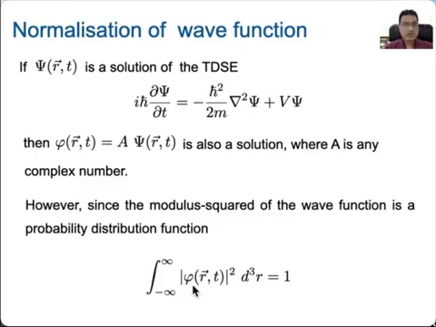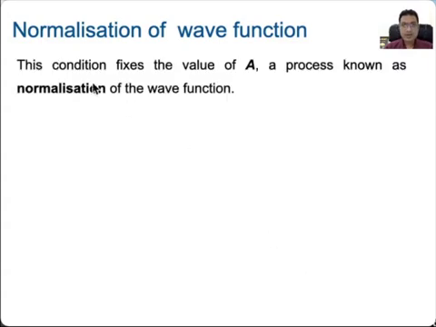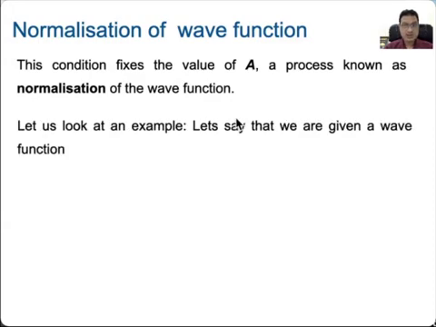This is always employed. So whatever function satisfies this equation must also satisfy square integrability, that is, the wave function must be normalized. It means that if you take the modulus square of this function and integrate over the entire space, it must be equal to 1. This condition fixes the value of A, a process known as normalization of the wave function.